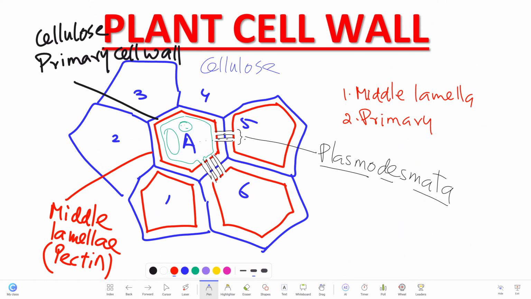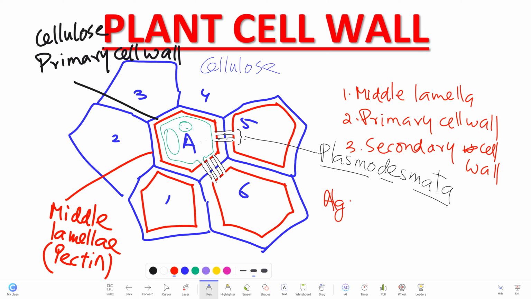Primary cell wall. What's the next layer? Secondary. Secondary you don't find in every cell, only some cells. And if it's algae, what do you find in algae? Cellulose, galactans, mannans, calcium carbonate.